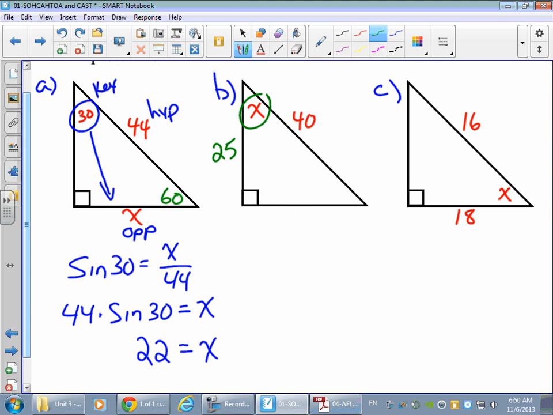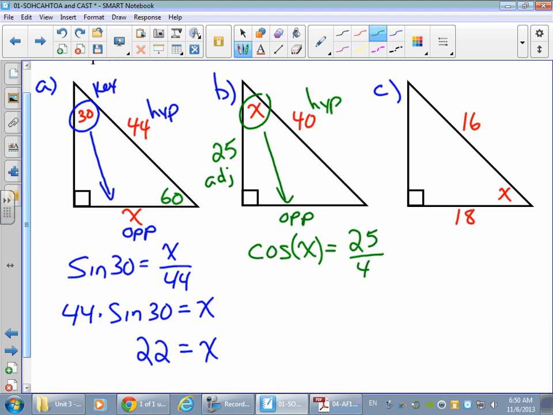So assuming this were my question, now, again, the opposite is the side way over here. The adjacent is the side that I have here, and the hypotenuse doesn't change. And so now I'm going to be dealing with cosine to have access to the adjacent and the hypotenuse. Cosine of x is going to be the adjacent 25 over the hypotenuse 40.